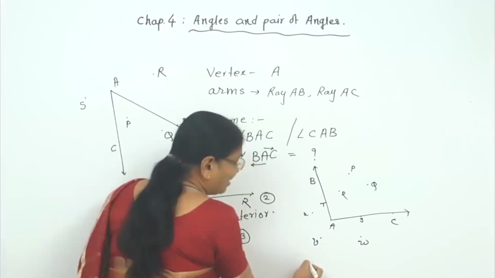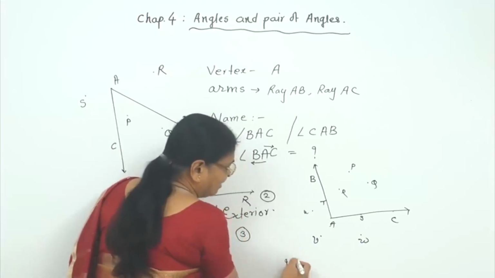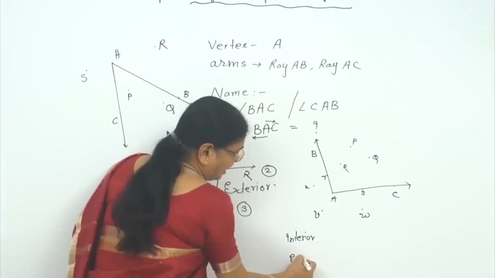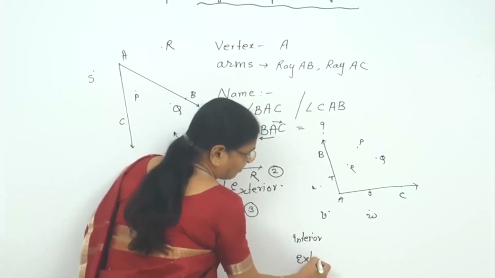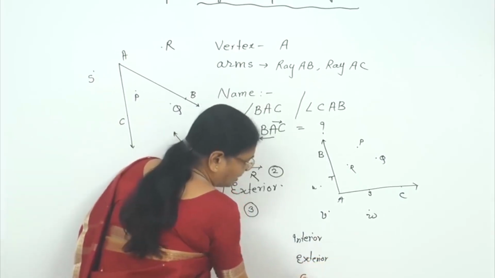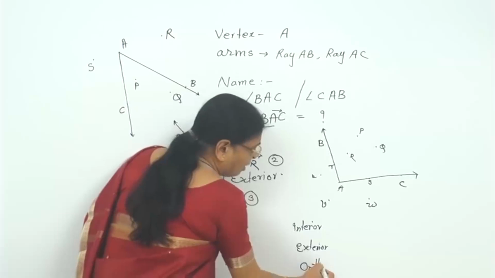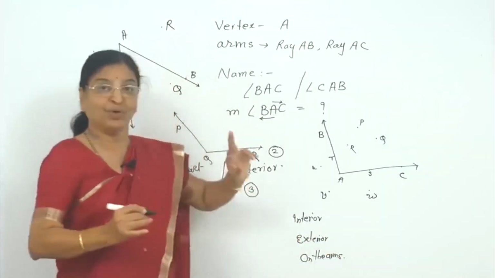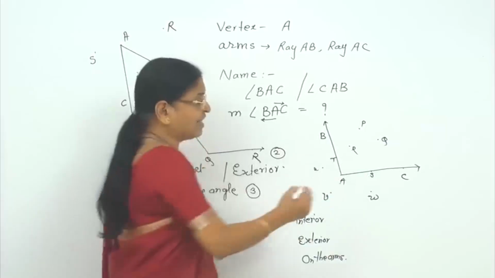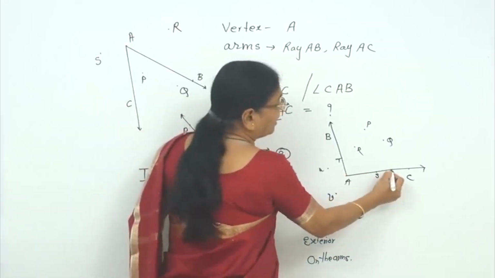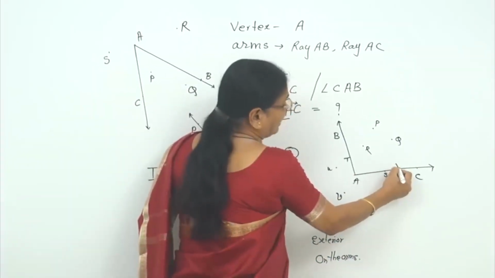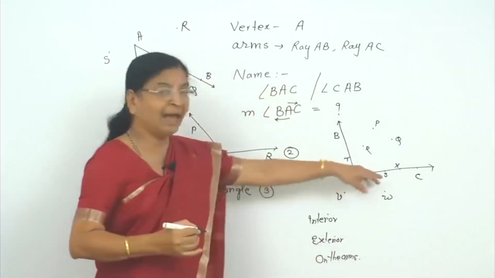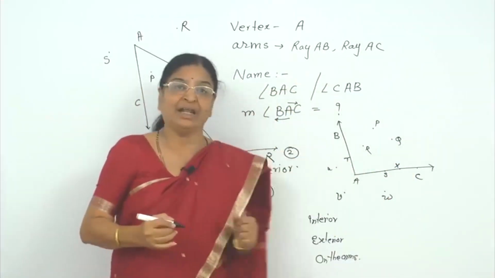So I can make the interior, then of course the exterior and on the angle, or you can say on the arms of the angle. Suppose one point here I am taking as X, and I am writing its name in the interior part.